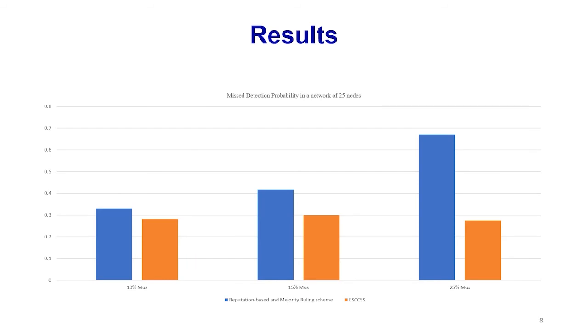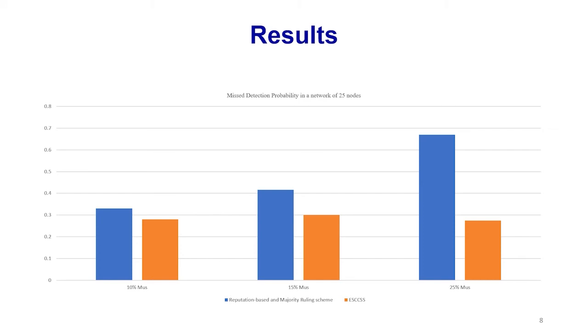Therefore, these are the results. Number 1, we looked at the misdetection probability, an instance where the detection mechanism misdetects the attackers. Looking at our graph, it is evident that ESCCSS outperforms the reputation-based and majority ruling scheme.